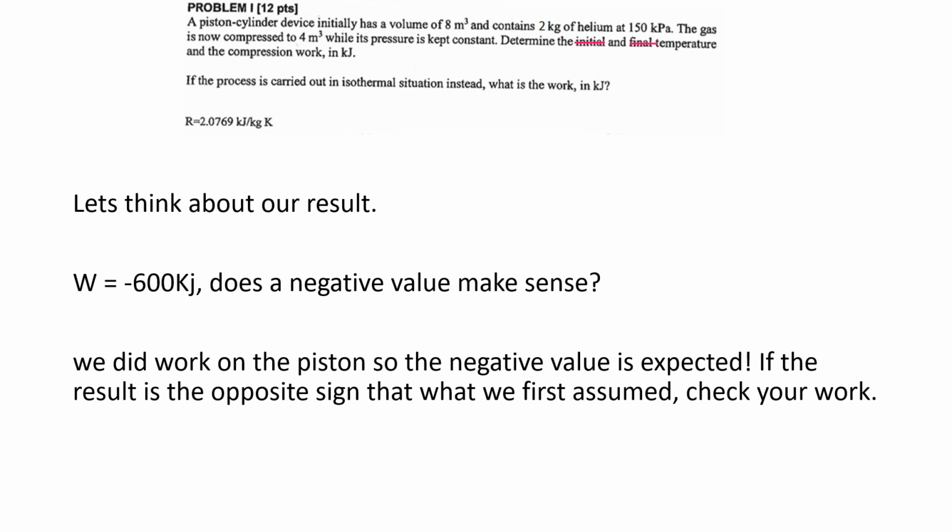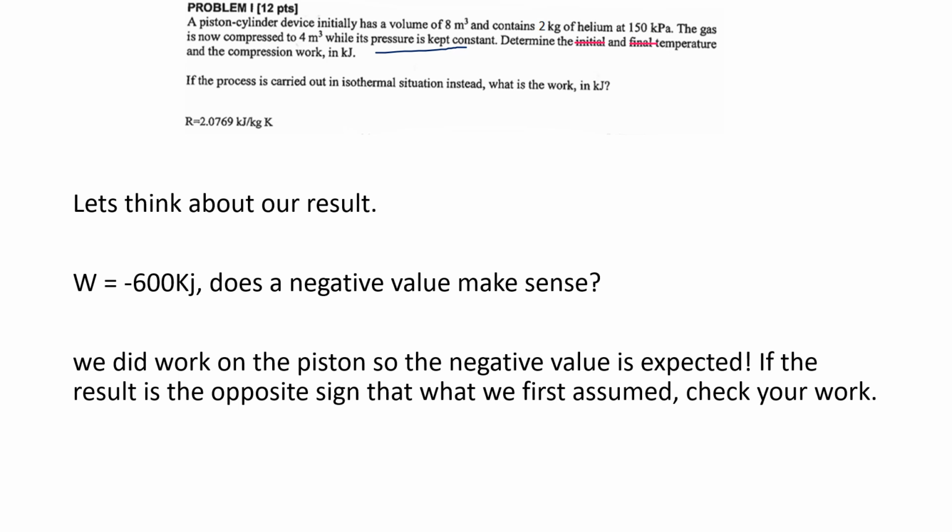So now that we have an answer, double check our work, think on our results. So negative 600 kilojoules. Does that make sense? Well, to get the piston to shrink to 4 meters cubed, we had to pull out all this heat that was in the piston to keep it at a constant pressure, right?